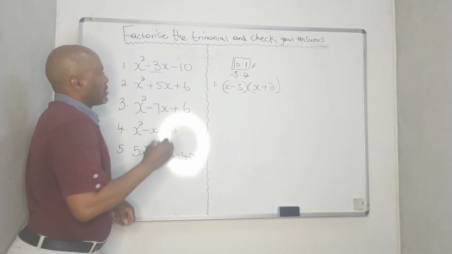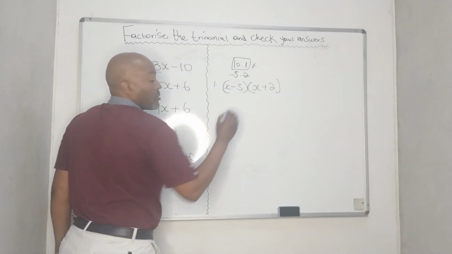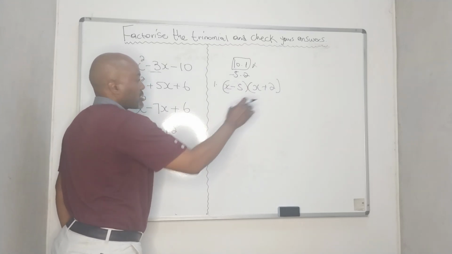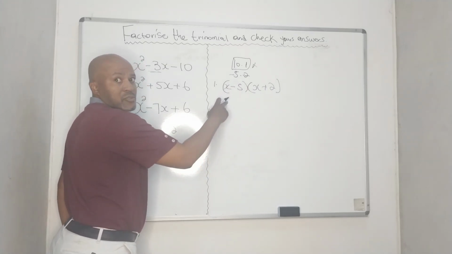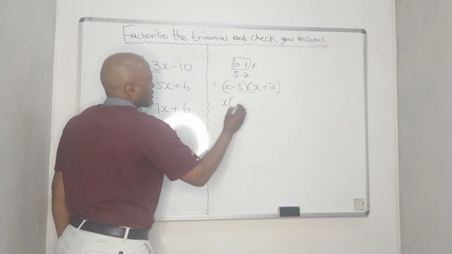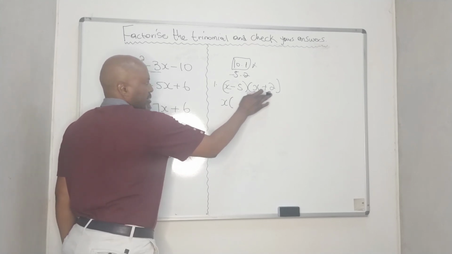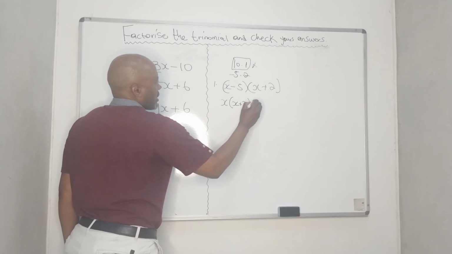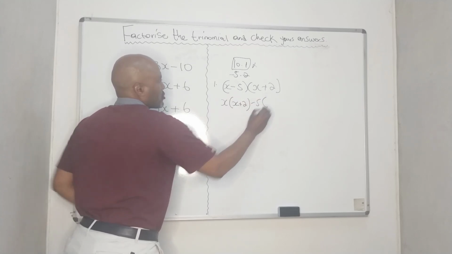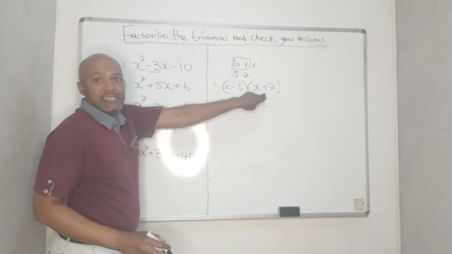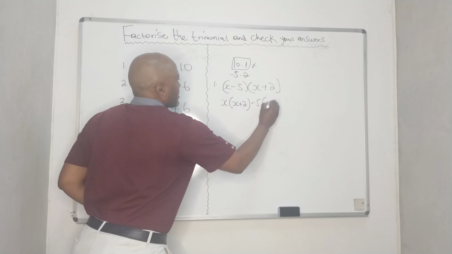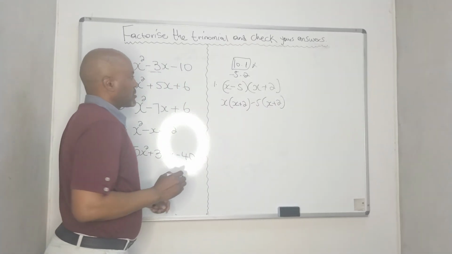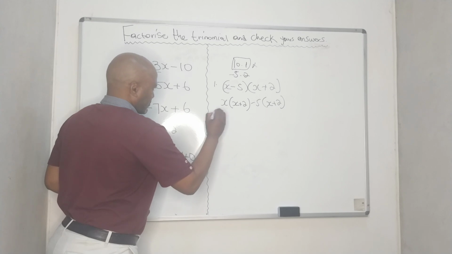How are we going to multiply them? The whole bracket should multiply, but we're going to start with x. x should multiply x plus 2, and negative 5 should multiply the very same x plus 2. Now, let's multiply.